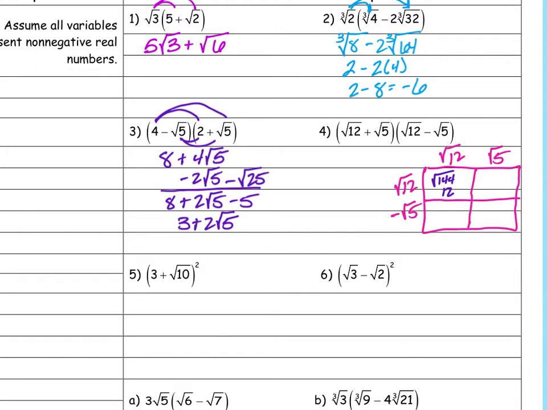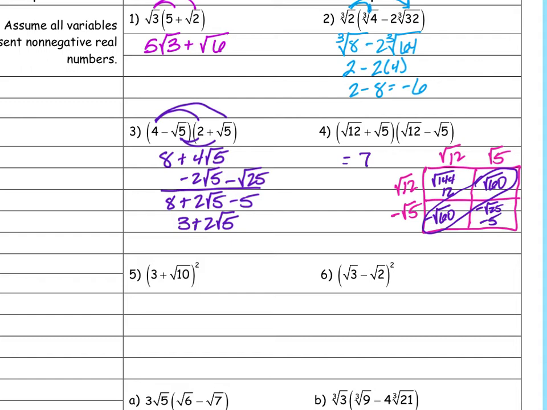And this would be the square root of 60. And this is negative square root of 60. And this is negative square root of 25 or minus 5. So that means this whole thing multiplies to be 7. Done. Because this right here, my like terms equals 0, and then 12 minus 5 is 7. Any questions?